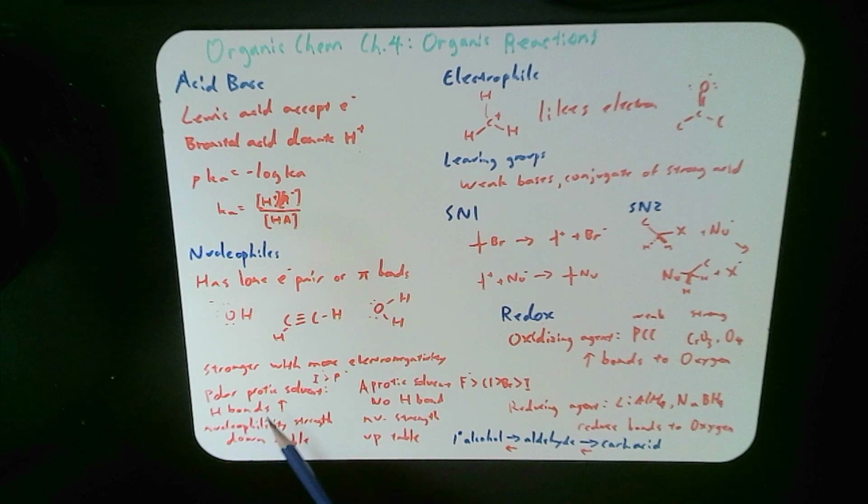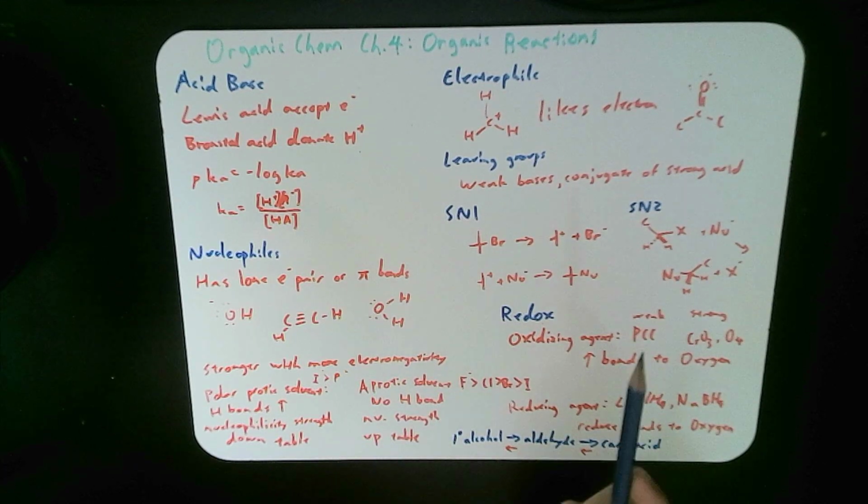However, there are things called solvents that help with the reaction, and depending on whether it's polar, or has hydrogen bonds contained within the solvent or not, it could affect the nucleophilicity. Nucleophilicity strength could increase or decrease. Typically, the more electronegativity, the better the nucleophile, right?